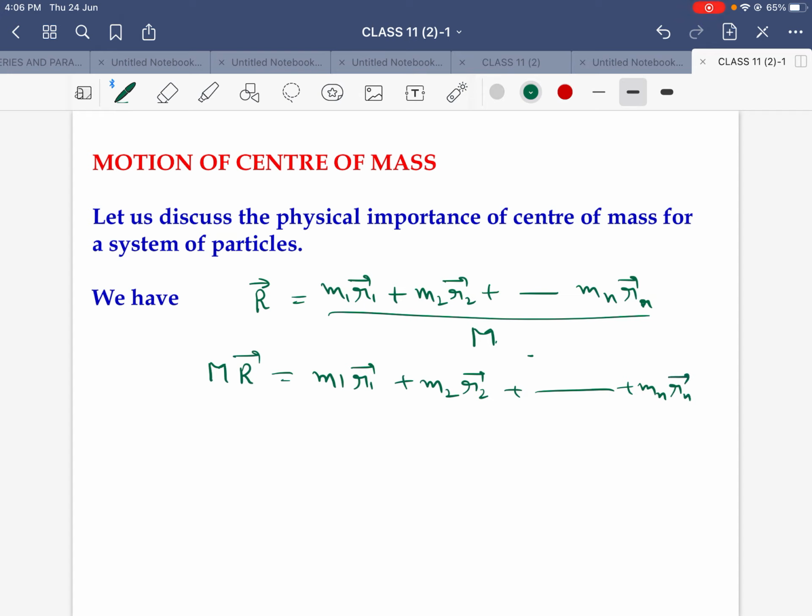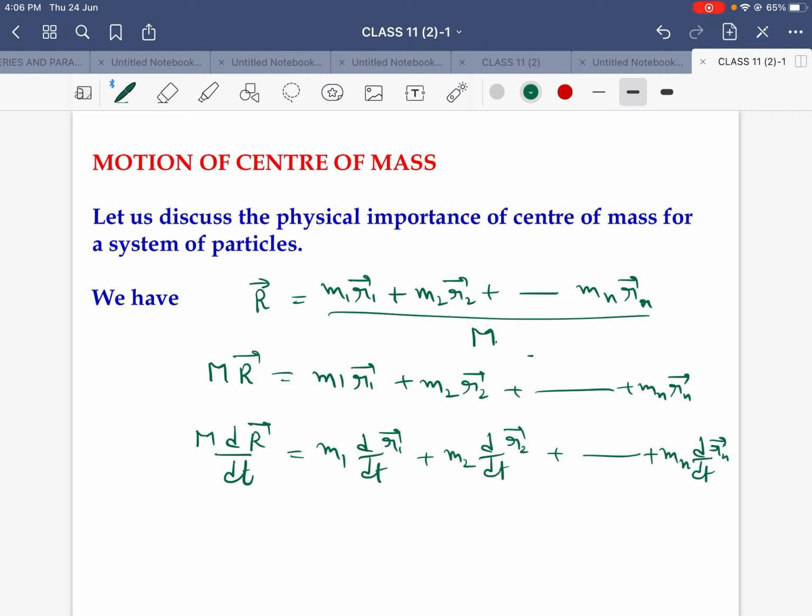Now differentiate both sides of this equation, that is we get M into d upon dt of r vector is equal to m1 d upon dt of r1 plus m2 d upon dt of r2 so on, last is mn d upon dt of rn vector.